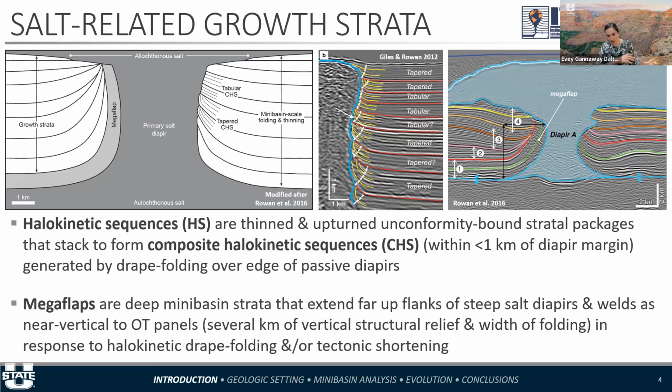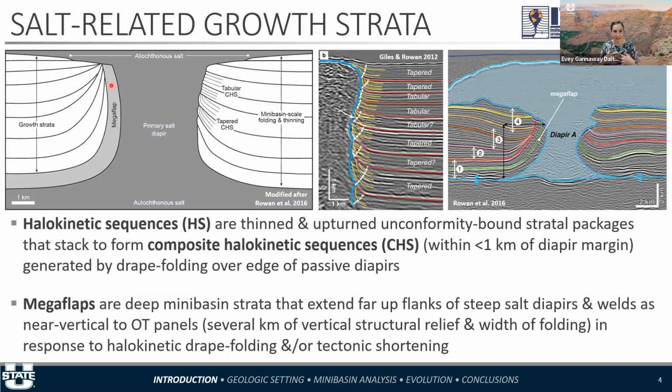Then if we go to the other end of the spectrum, we can get features known as megaflaps. These are defined as near-vertical to overturned panels of really deep mini basin strata that can extend far up the flanks of these steep-sided salt diapirs, or of course their equivalent walls.